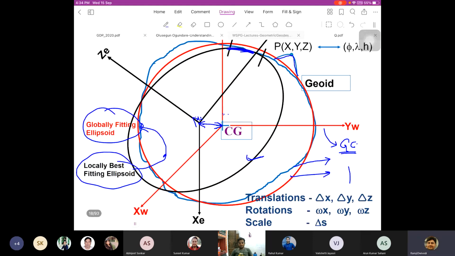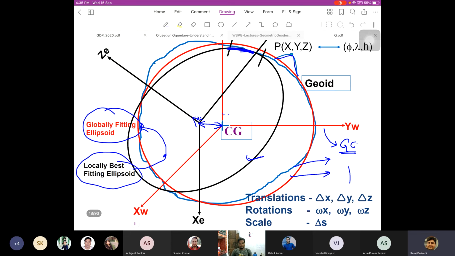Then the coordinate system is of two natures. One is geocentric, for the globally best fitting ellipsoid, and the other is non-geocentric, for the locally best fitting ellipsoid. So you have two different coordinate systems. One is red, another is black. Now a point on the surface of Earth could be defined in both coordinate systems, one globally as well as locally.